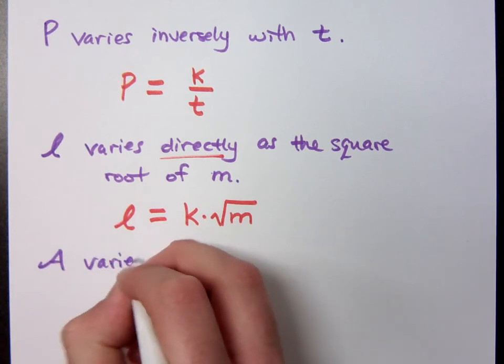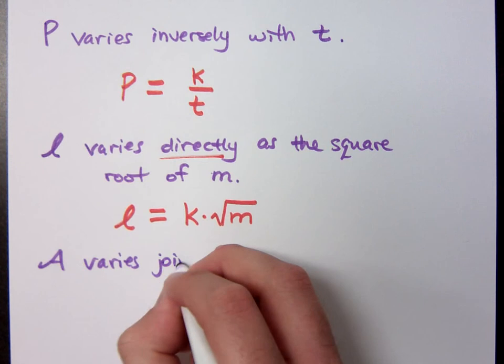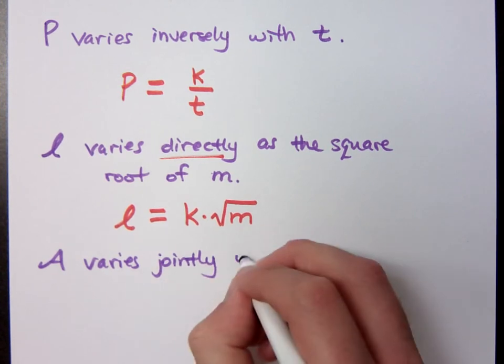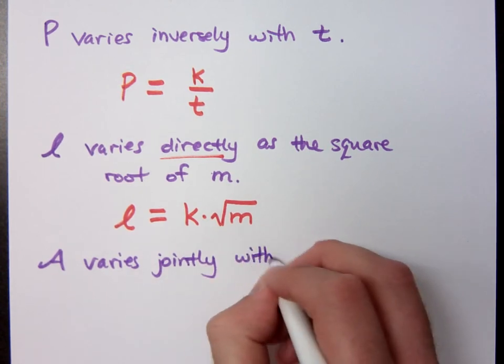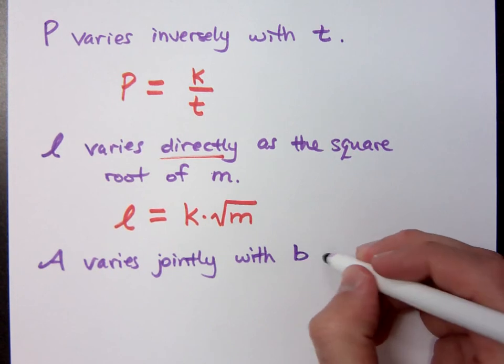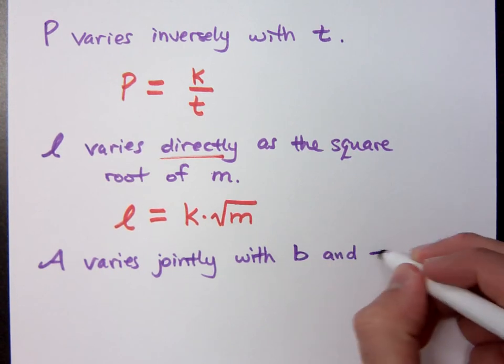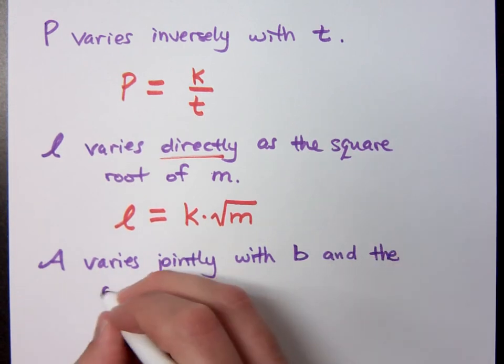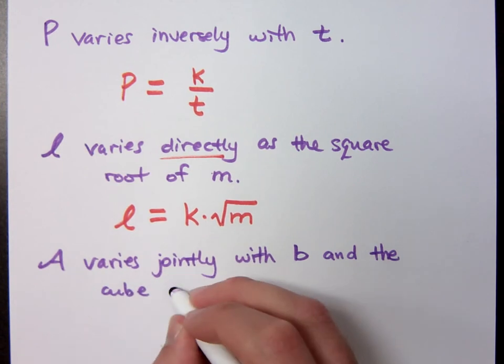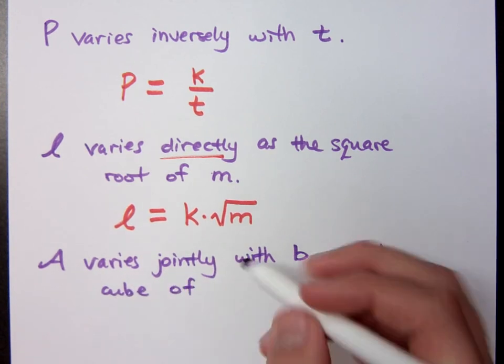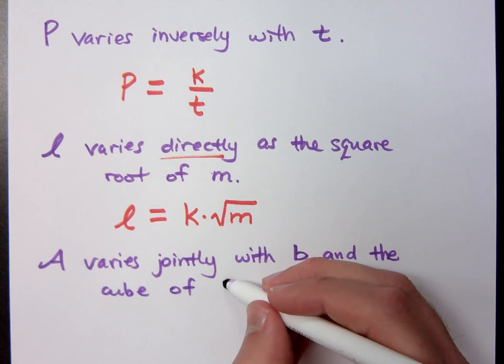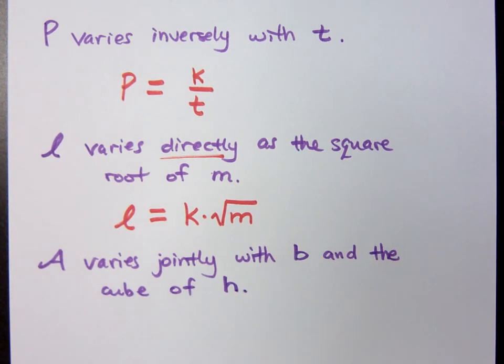A varies jointly with B and the cube of H. A varies jointly with B and the cube of H.